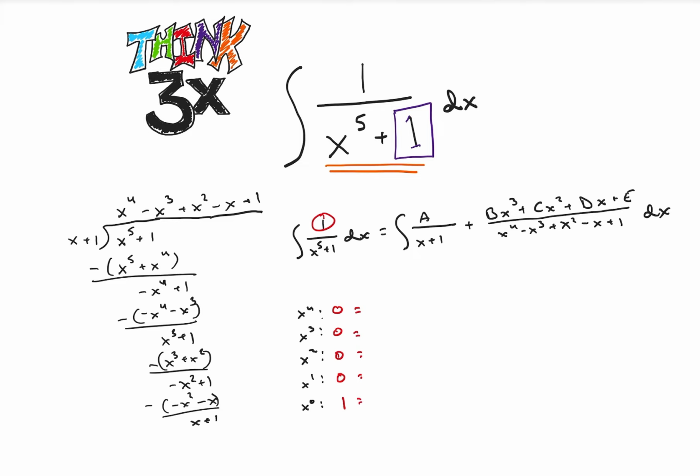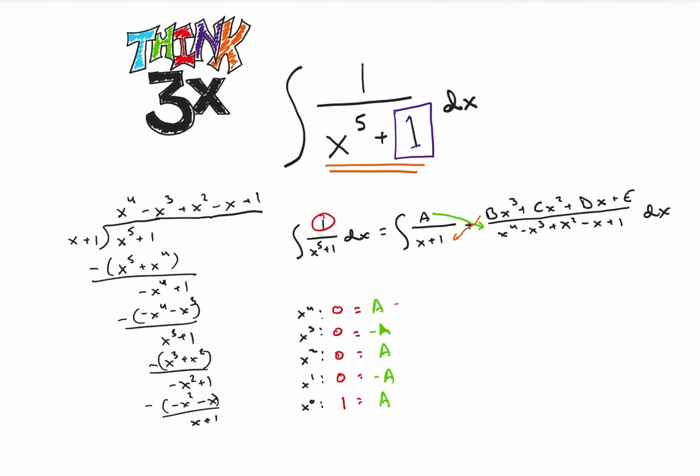And on the right, we have a multiplied by all those guys. So we're going to have ax to the fourth minus ax cubed plus ax squared minus ax plus a. And then we're going to have all of these guys multiplied by x plus 1.